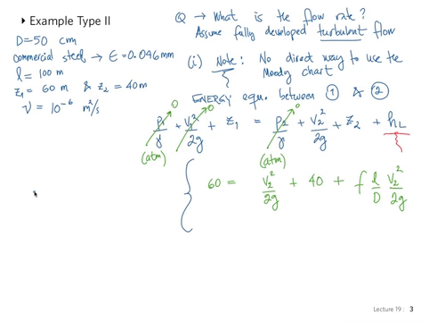I'm trying to use my real estate here cleverly to solve most of the problem, but it's not going to fit anyway. I could get V, so I'm simplifying things out here. And we have 60 minus 40, that's 20, and so on. So I'll just write it out here.